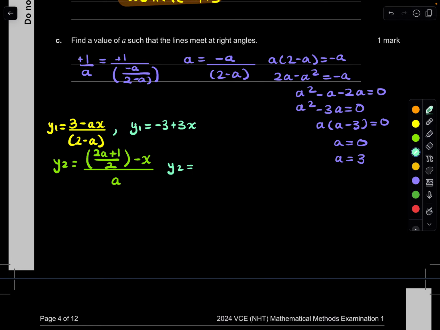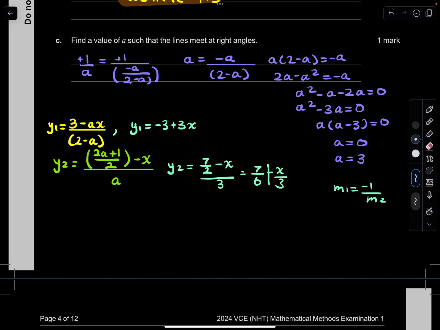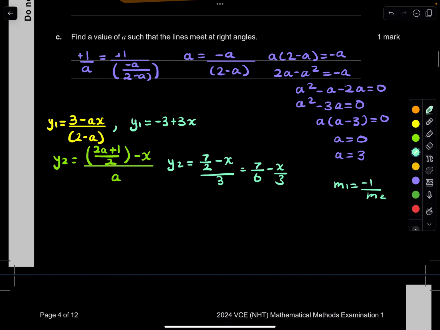If I sub in 3, 3 times 2 is 6, plus 7 is 13, so it becomes 7 over 6 minus x on 3. You can see that the gradients are perpendicular to each other. They meet the condition m1 equals -1 over m2. And their y values are different.